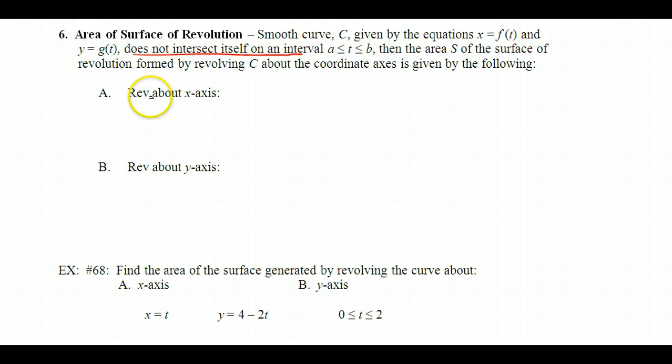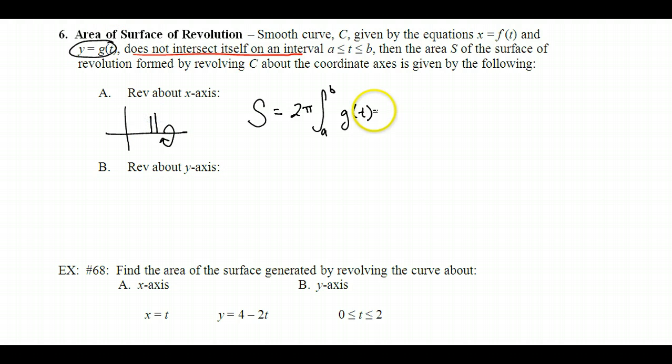If you're revolving about your x-axis, so obviously here's our x-axis. Capital S represents our area of surface of revolution. Again, this is 2 pi because we're revolving it. We're integrating from A to B, but that's in terms of our parameter. In this situation, now we have g of t. Well, g of t is equal to our y value, which is just what we had before.